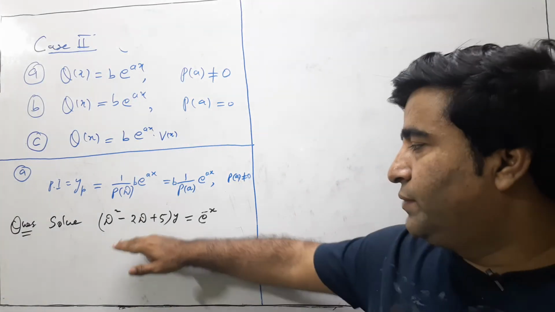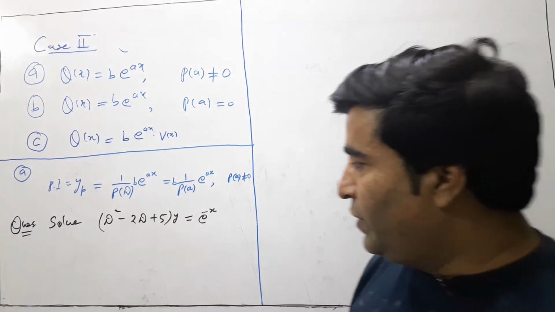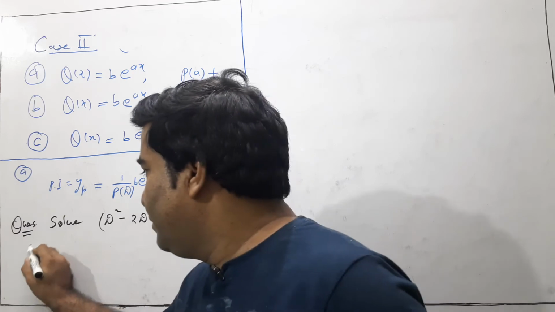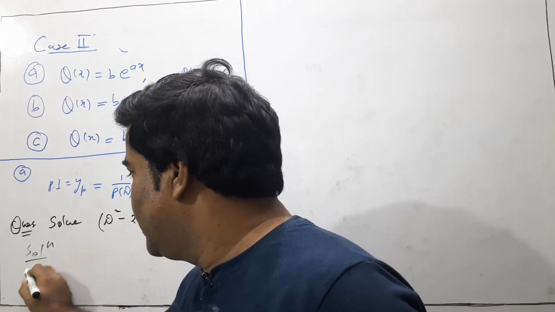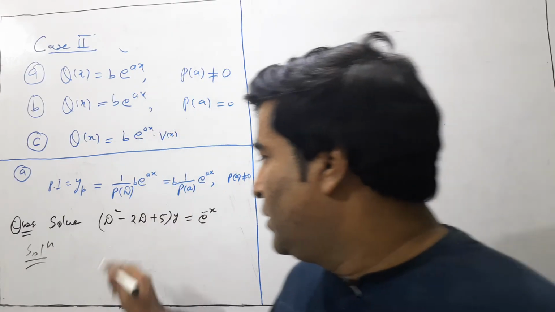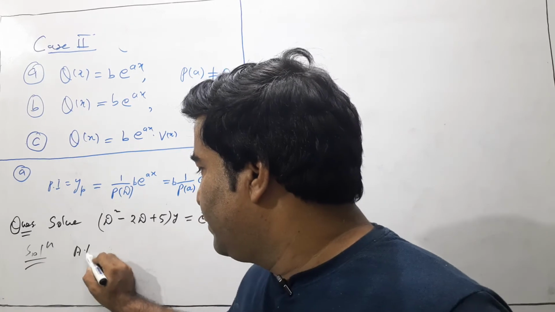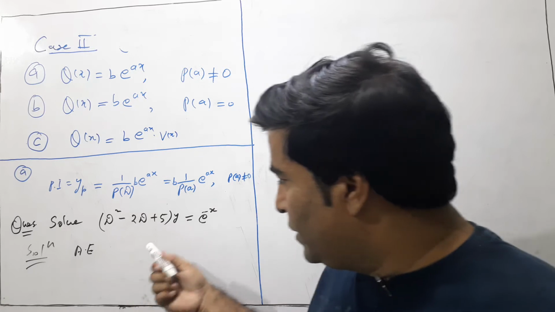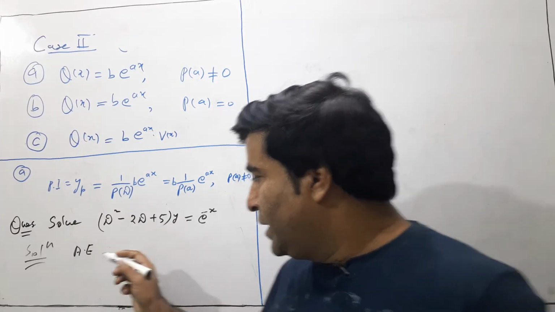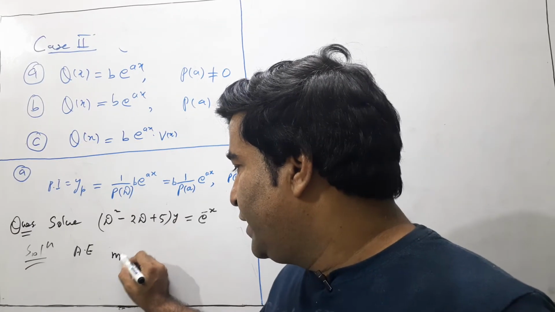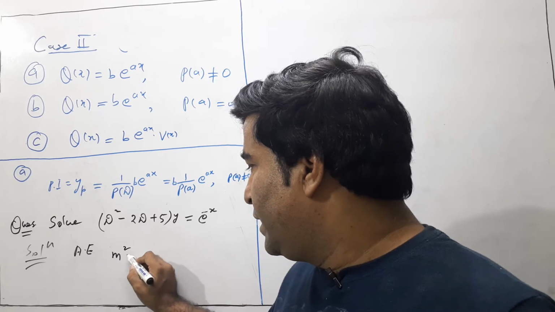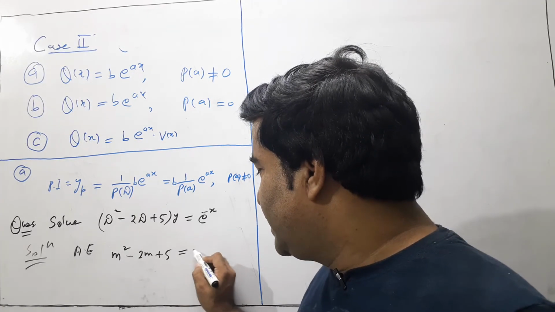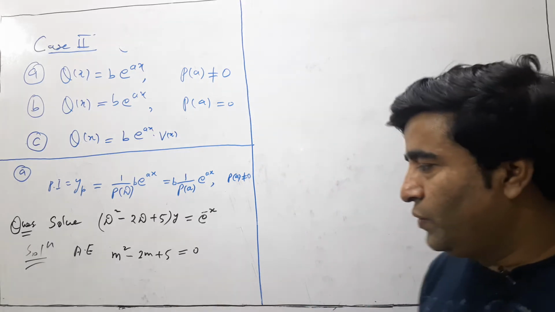To solve this differential equation, first of all we find the complementary function, and we know that to find the complementary function we find the auxiliary equation. This can be obtained just by taking m in place of D: m square minus 2m plus 5 equals 0.